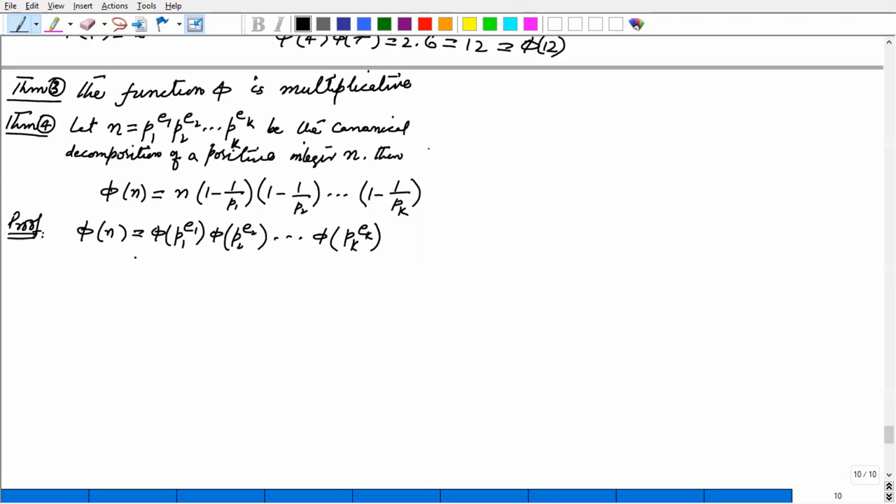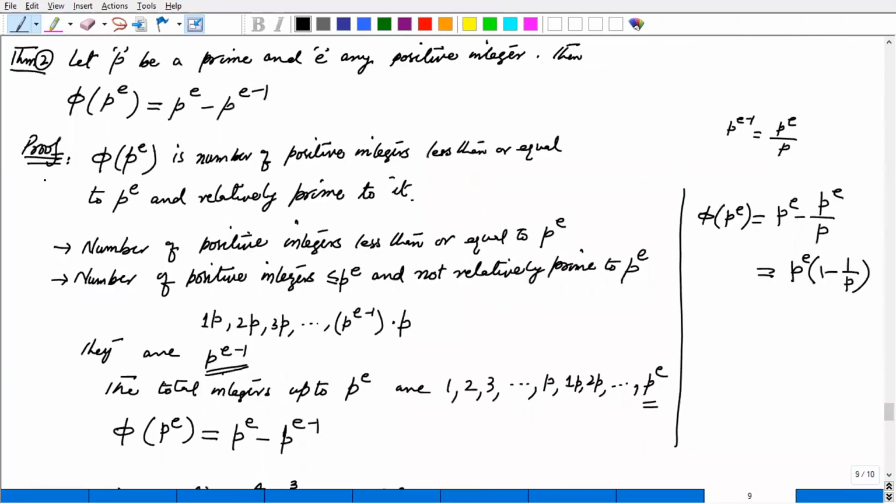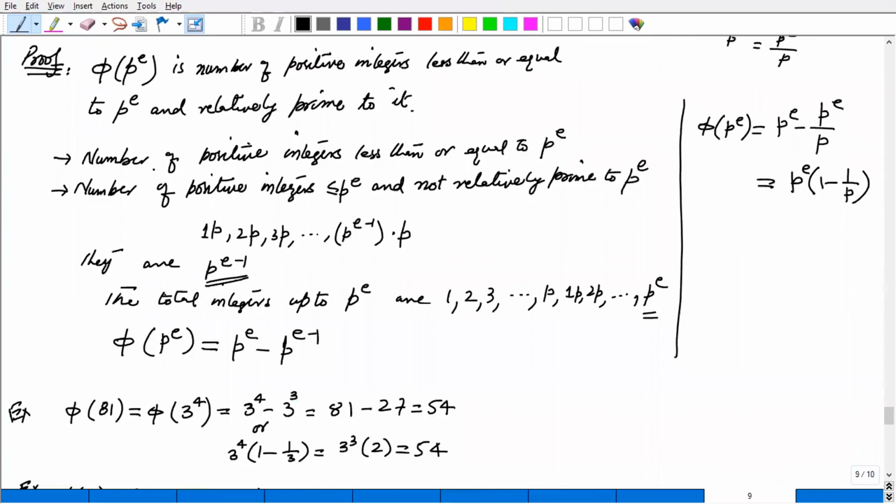Okay. Now, by using the second theorem that we discussed here, phi of p to the power e.